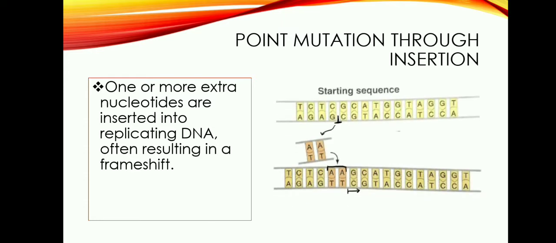Again, this is the starting sequence, or the normal DNA sequence, and this part will be inserted in this starting sequence, resulting to this. So these are the inserted nucleotides. That is insertion point mutation.